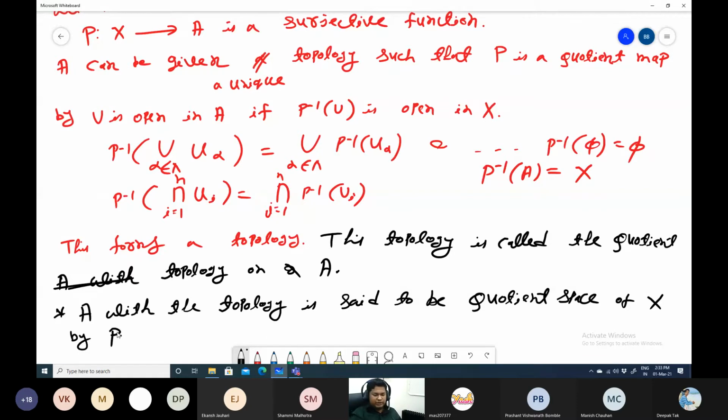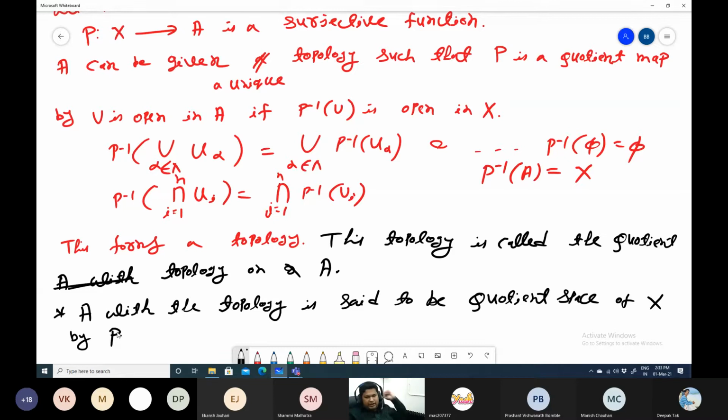Okay, so now quotient topology, quotient map, and quotient space, these three are clear to everyone? Any doubt? If you have any doubt, now you can ask, because now we are going to the examples.